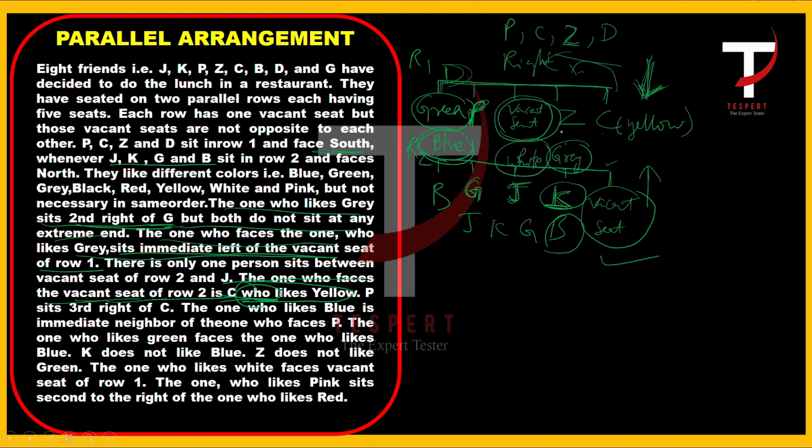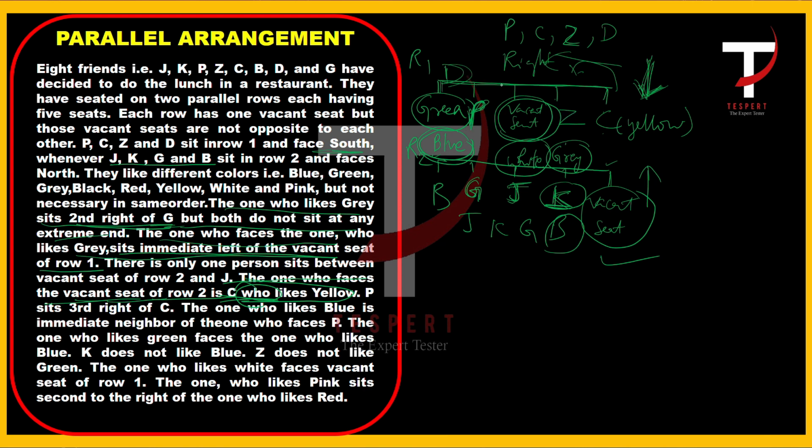And the one who likes pink sits second to the right of the one who likes red. So if we consider row 1, P is second to right of Z. See, P is second to right of Z, right?